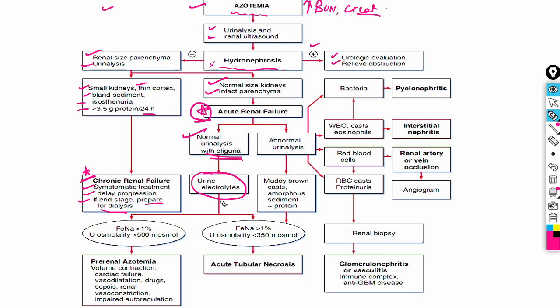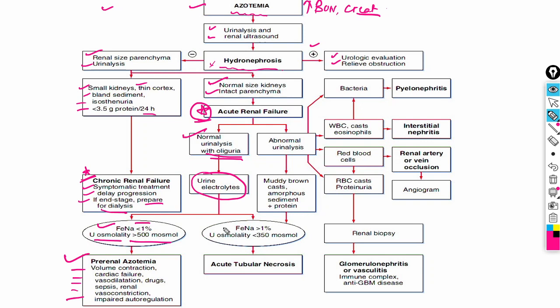If the urine electrolytes, as we have discussed, suggest fractional excretion of sodium less than 1% and urine osmolality more than 500 milliosmol, this means the tubules are normally functional and it is a pre-renal azotemia, which can be due to causes we have discussed like volume contraction, cardiac failure, vasodilation, drug, sepsis, renal vasoconstriction, and impaired autoregulation between afferent and efferent arteriole.